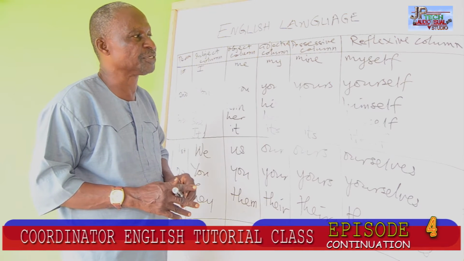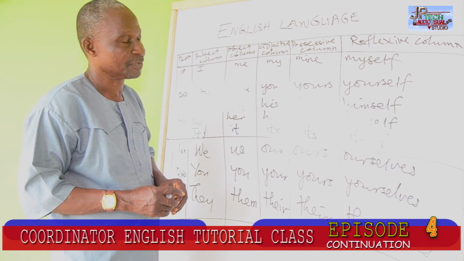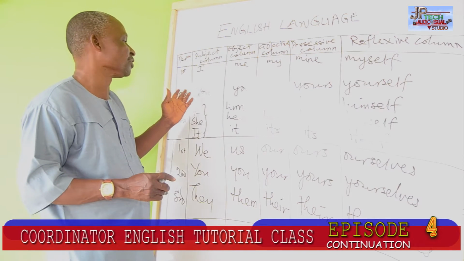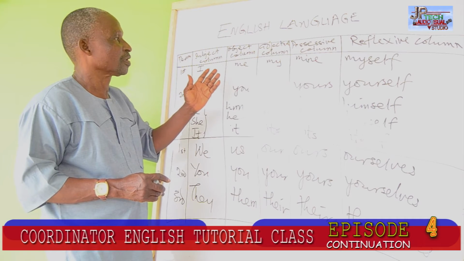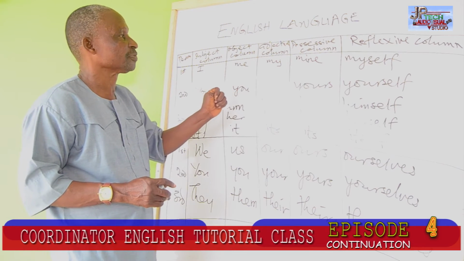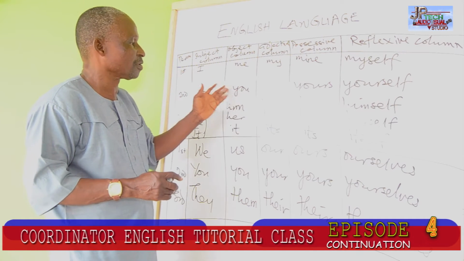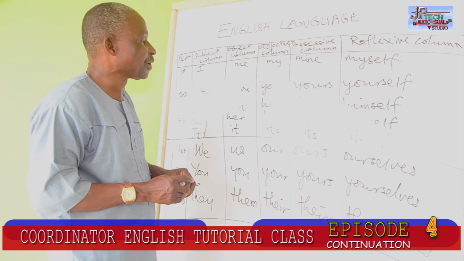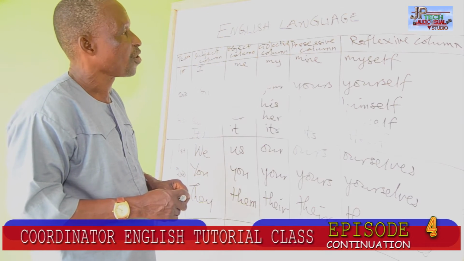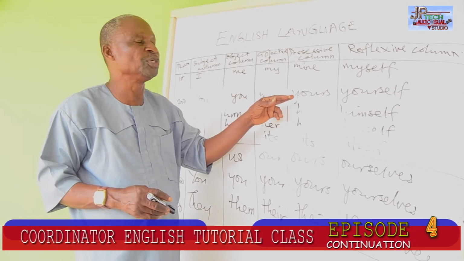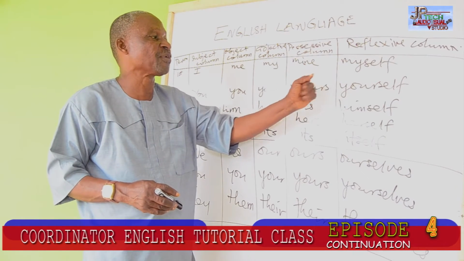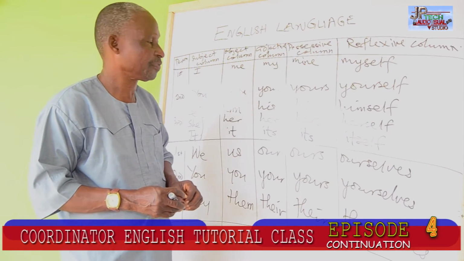Reflexive is myself. Second person, you. Object is you, still you. You remains constant here. Adjective column, your. Possessive column, yours. Reflexive column, yourself.